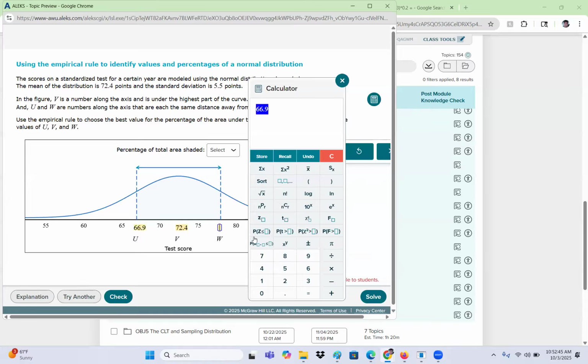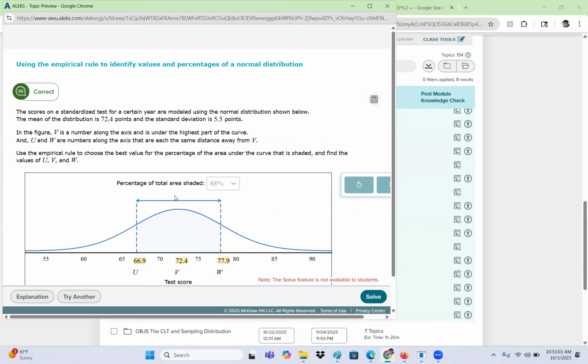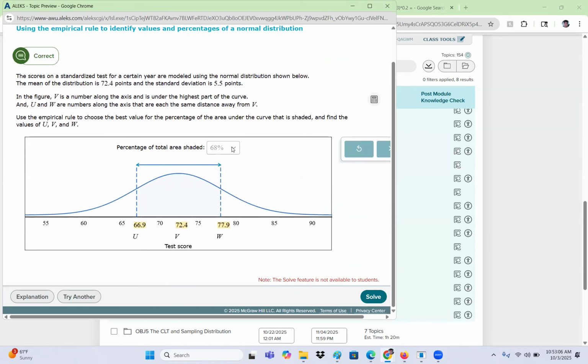Then we add 72.4 plus 5.5, and we get 77.9. So this is the difference of one standard deviation, and that accumulates 68% of the data set. Okay, 68%.